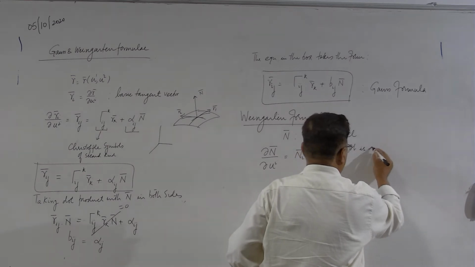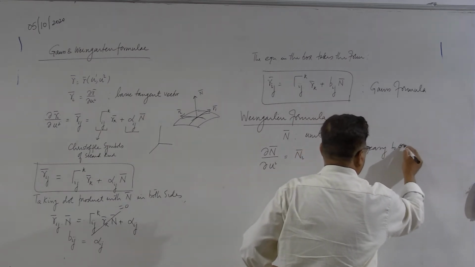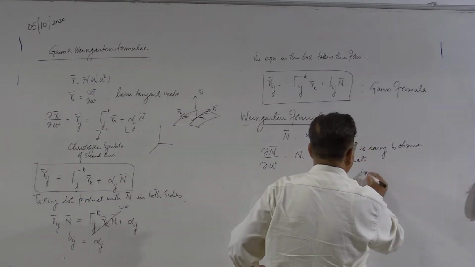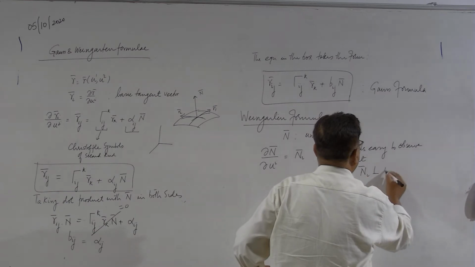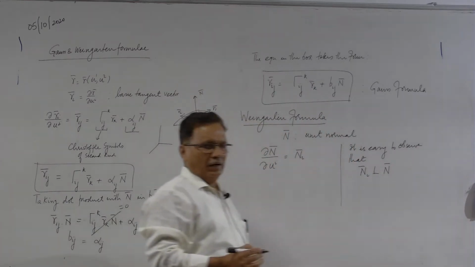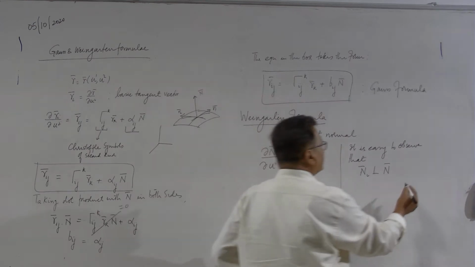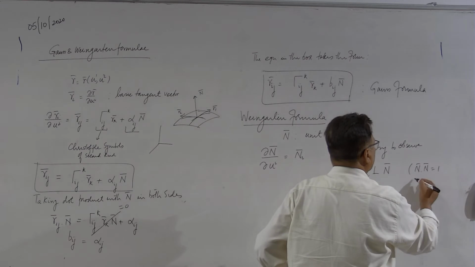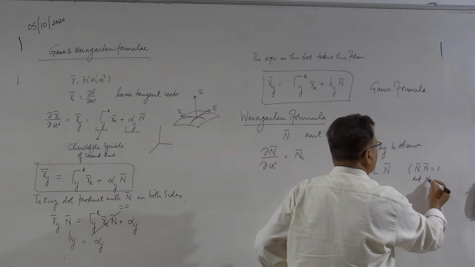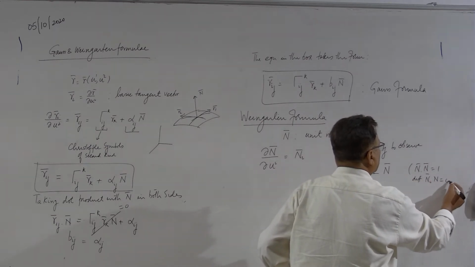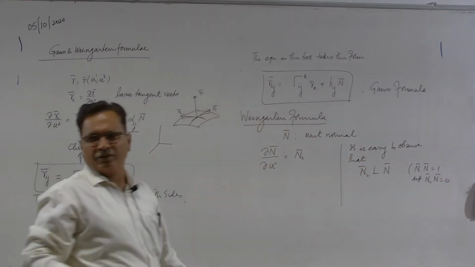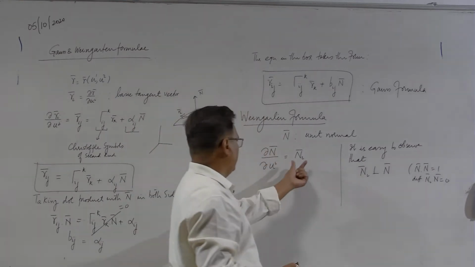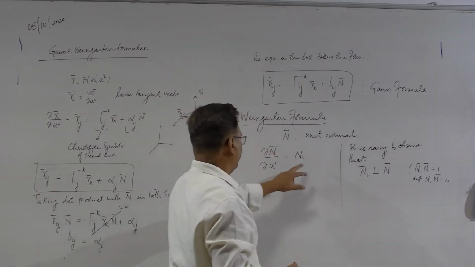It is easy to observe that n I is perpendicular to n. How do you realize? You simply differentiate n dot n equal to 1. If you differentiate it, what will you get? N I dot n equal to 0, and that tells you n I is perpendicular to n. Since we have done it there, I need not do it here. So, n I is perpendicular to n.